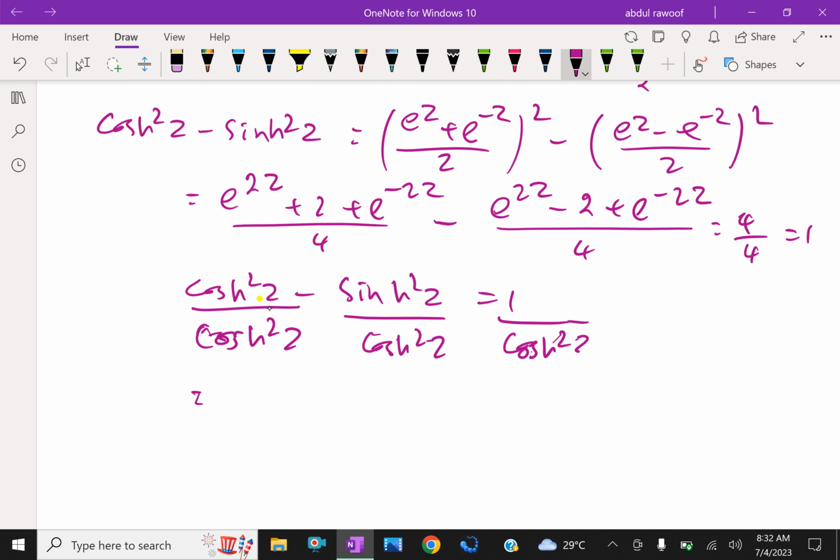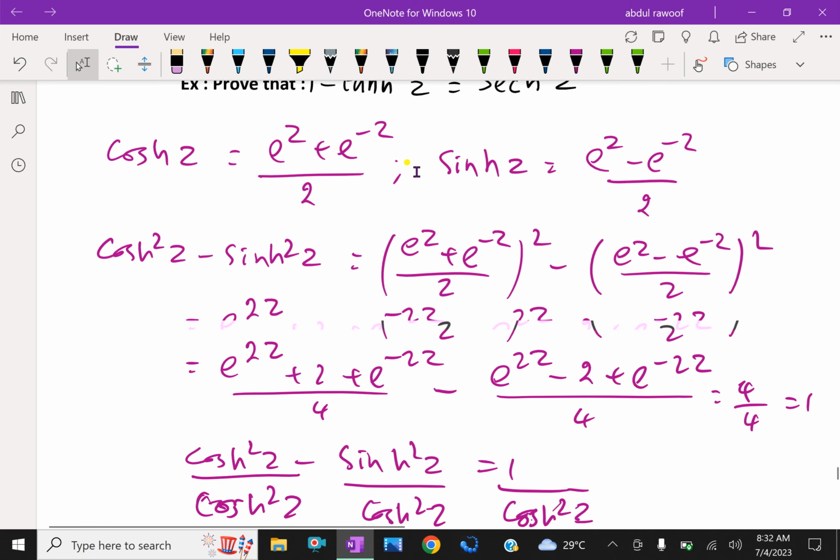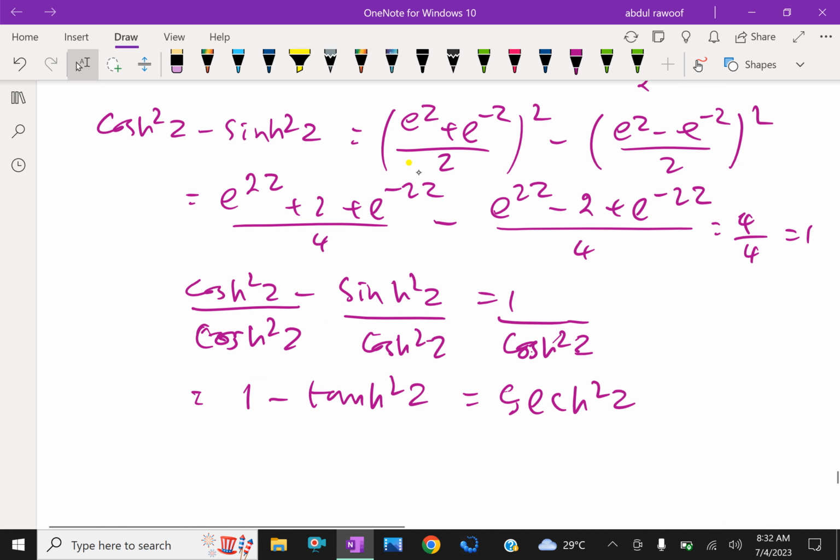So we get 1, because cosh² z over cosh² z is 1. sinh² z over cosh² z is tanh² z, equals 1 over cosh² z, which is sech² z. So hence we prove. Hence proof.